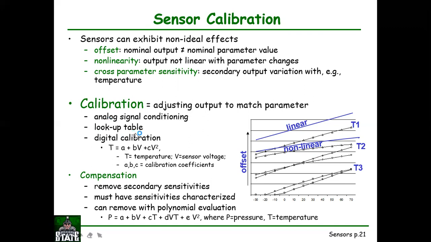Second is your lookup table. What is a lookup table? A lookup table means you are matching your output with your standard one, and with the help of the lookup table you get some deviation.